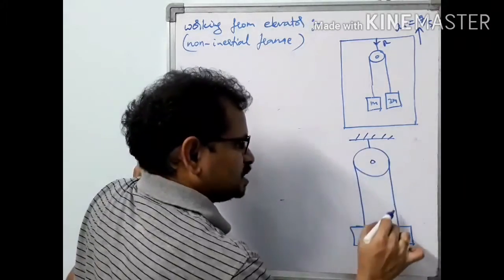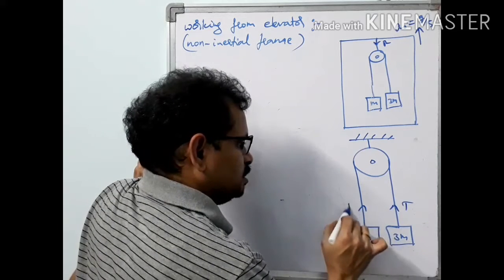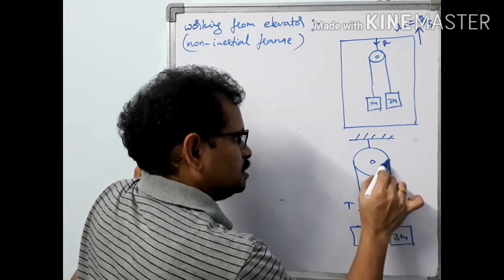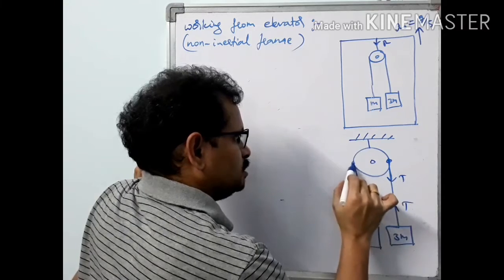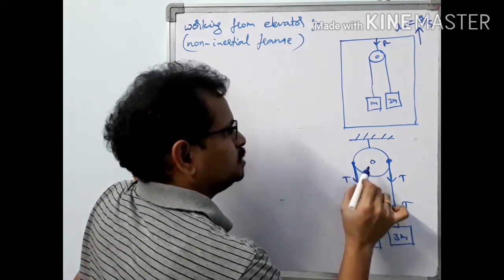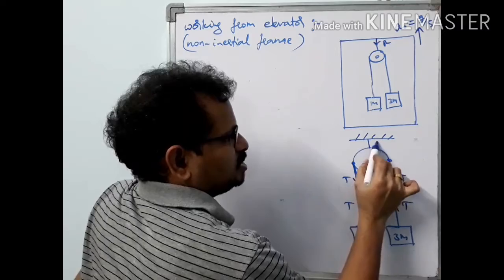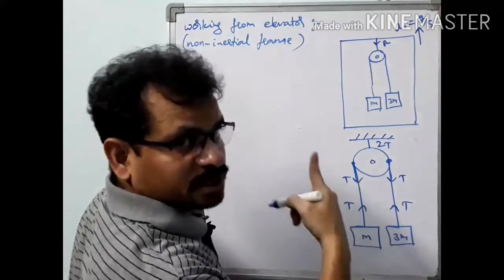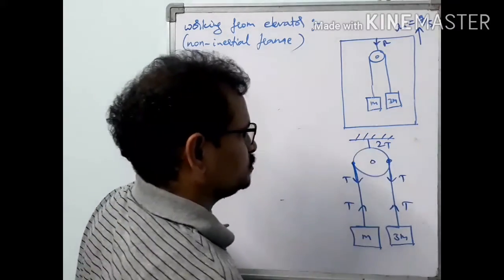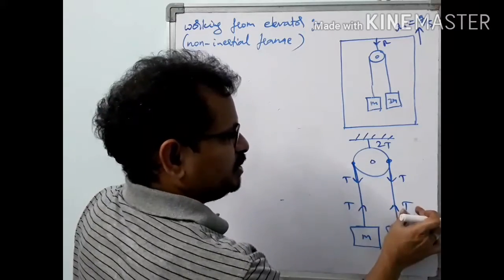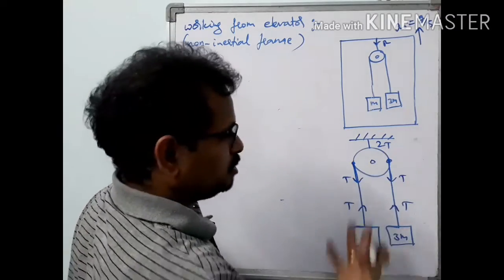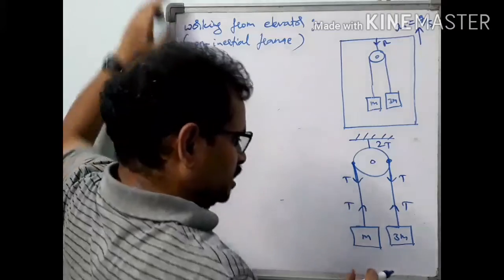See here this is tension T, here tension T, at this point tension T, at this point tension T. So in this rope the tension will be 2T, as you know before, the reaction force in this wire is 2T, no? So if you find T, the answer will be 2T. So I have to find tension here first. Let me draw the forces.